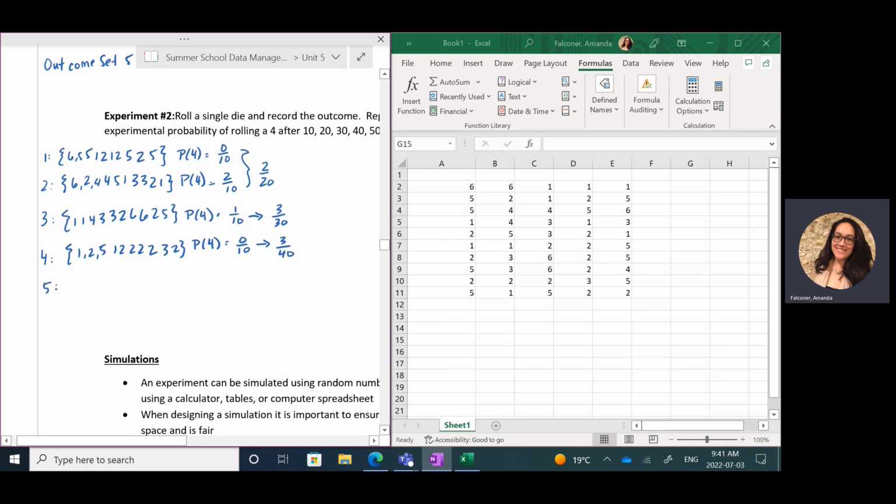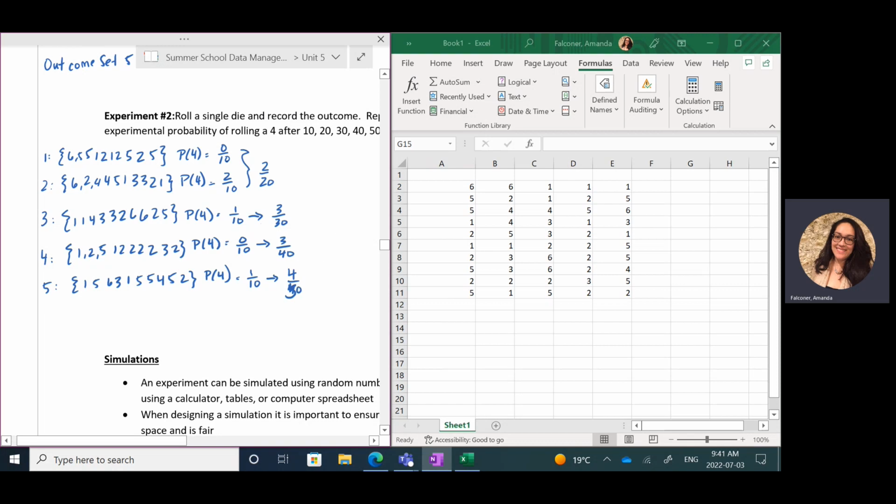And my last set of outcomes, here we only have the one hit, so then that becomes 4 out of 40. No, 4 out of 50. Oops. Okay.